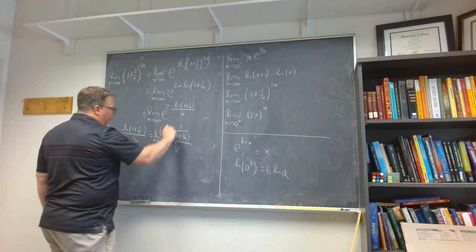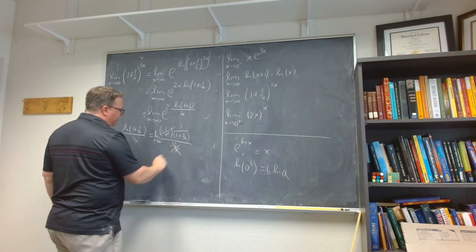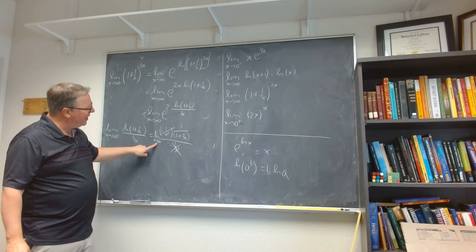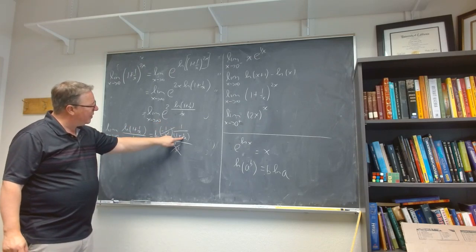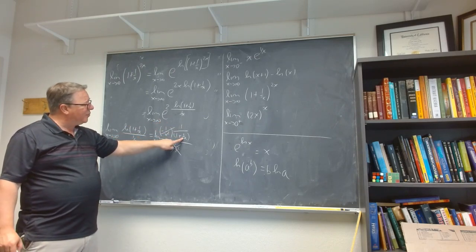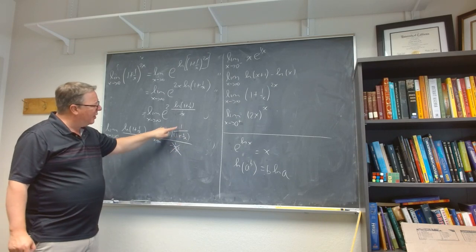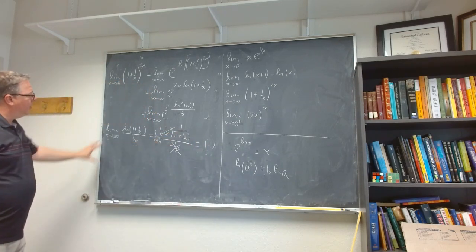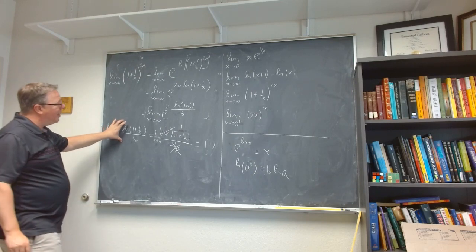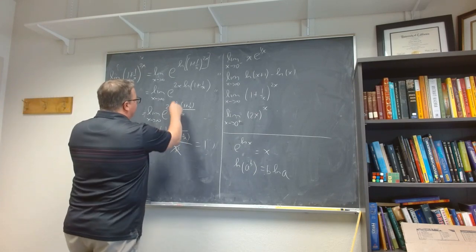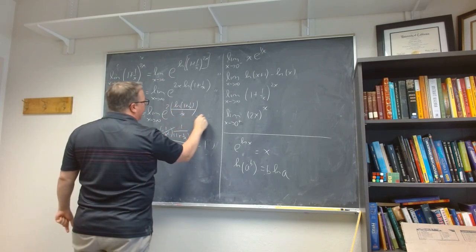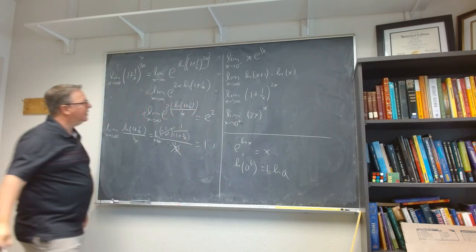The negative 1 over x squared cancel, and we're just left with the limit as x goes to infinity of 1 over 1 plus 1 over x. As x gets really big, 1 over x goes to 0, and so this collapses to 1. So this entire piece becomes 1, which means that this piece that's inside my parentheses goes to 1, and I'm left with e squared.